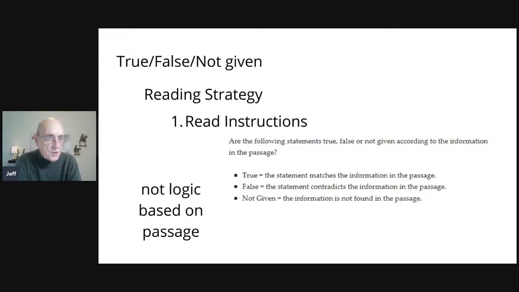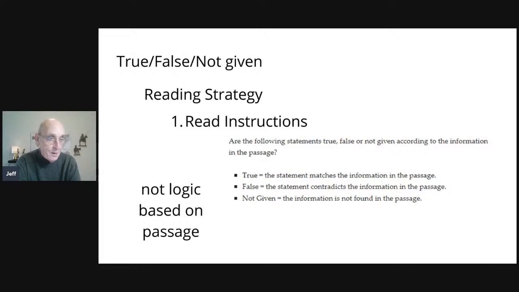If a statement is true, you have to find in the passage something that shows very clearly that it's true, that it confirms the statement. If something is false, you have to find specific information in the passage that contradicts the statement, that confirms that the statement is false.